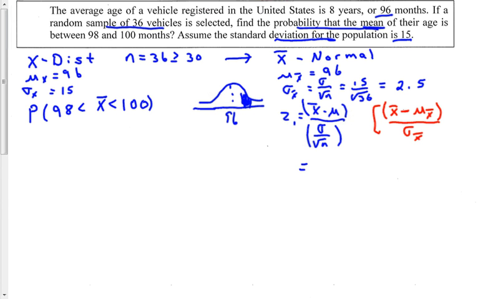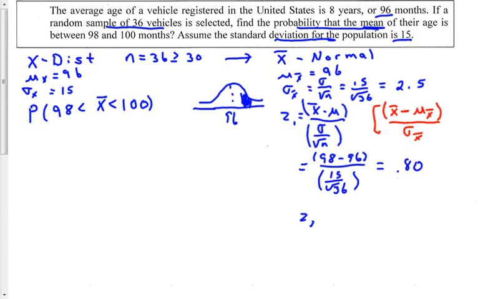For our example, we've got 98 minus 96 over 15 over square root of 36. Make sure you're using parentheses. And that is 0.80.